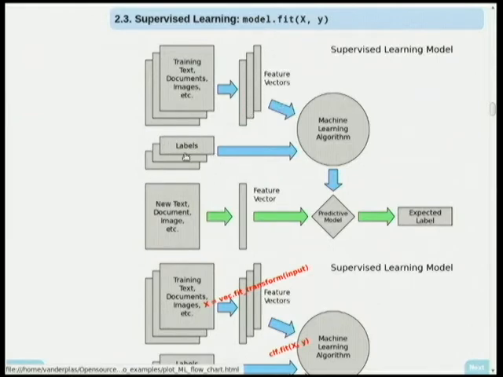And you also have your labels that go with each object. That goes into this big circle, the machine learning algorithm, that does something and then spits out a predictive model. Then you put in a new document, extract the feature vector the same way you did from the original data, stick that into the predictive model, and then you get an expected label out.